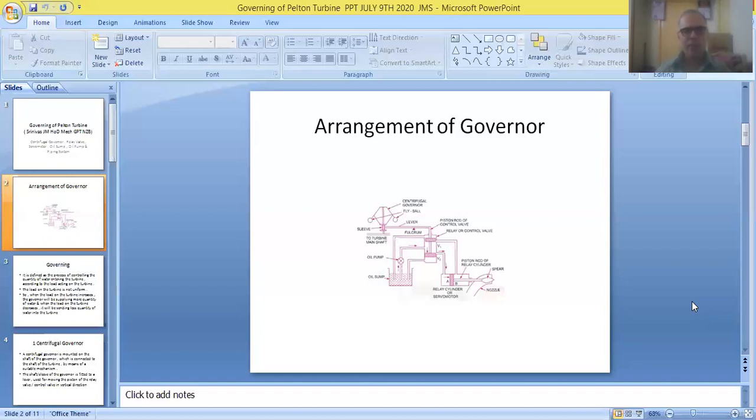Therefore, the first cylinder will be supplying oil from one side of the servometer and receiving oil from another side. So two pipelines are very essential for connecting both the ends of both the cylinders.